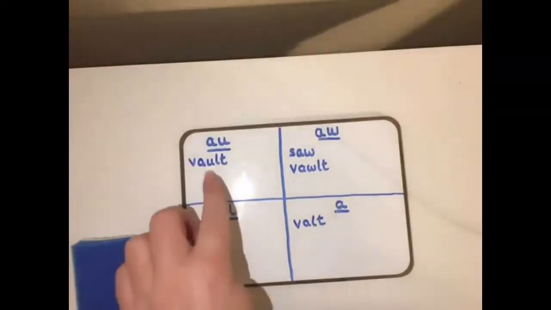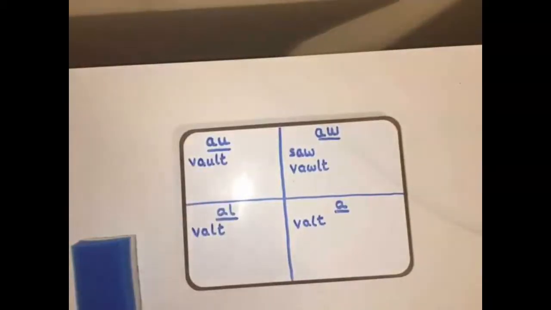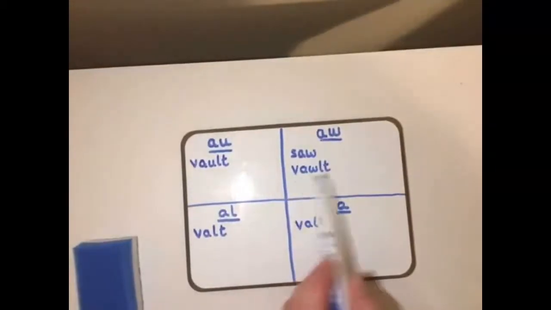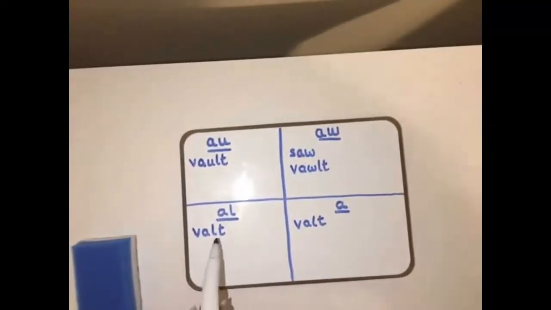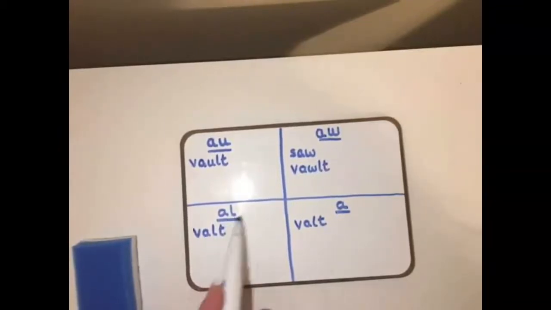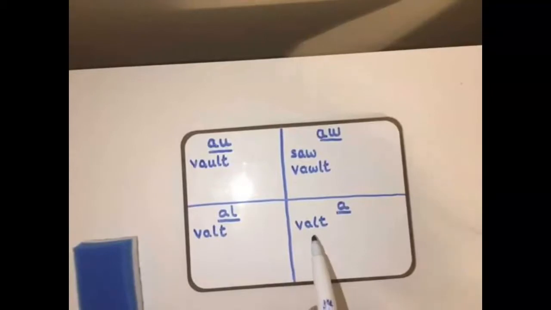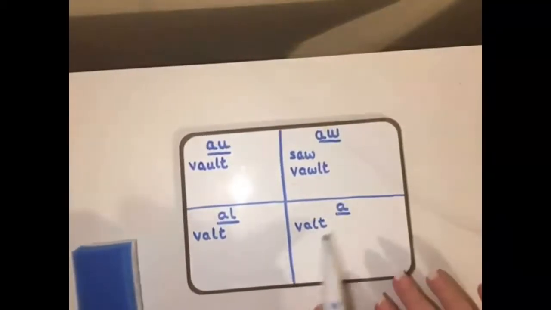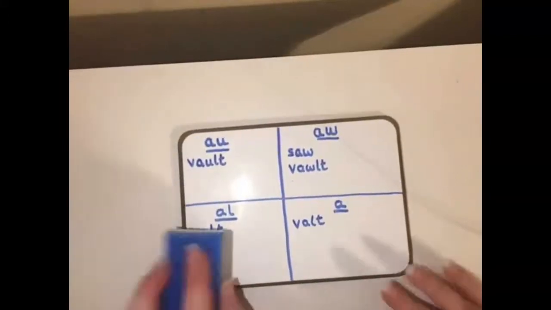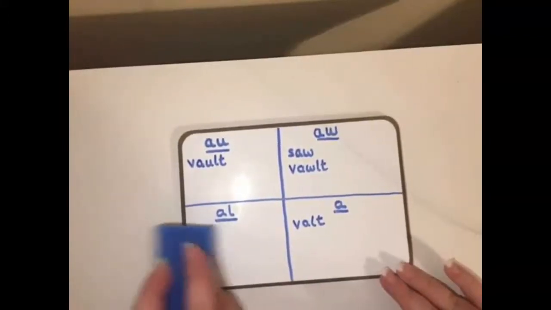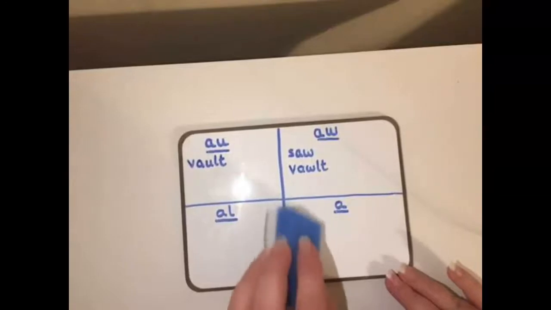It would be the AU version that's correct. Vault, this is not a word. Now we do hear the L sound right after the ah, like the AL would have. Vault, but it is not correctly spelled, so this is not right. And then this is spelled the same way because the L came in the word. We were writing the L next anyway. So we know those 2 are not correct.